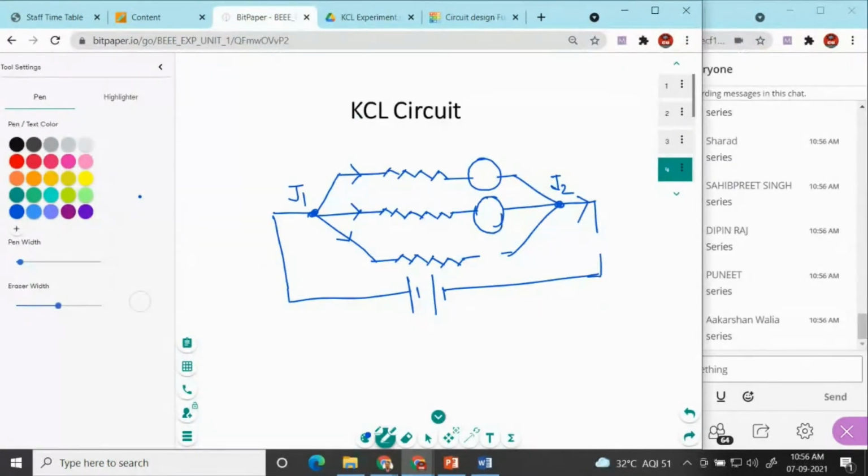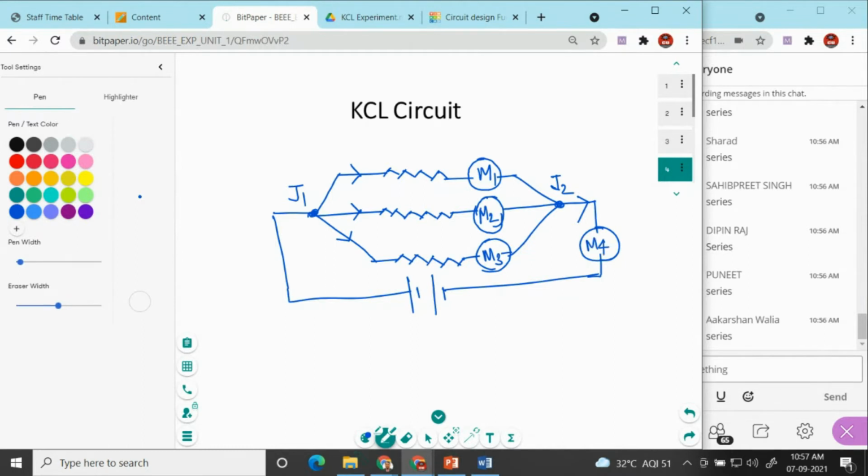So when you want to calculate the current across each branch, you have to connect a multimeter in series. Okay. So here you want to connect multimeter M1, multimeter M2, multimeter M3, and multimeter M4.